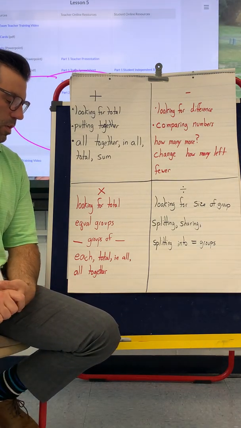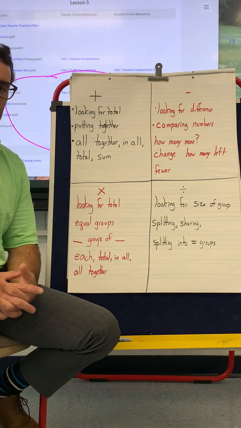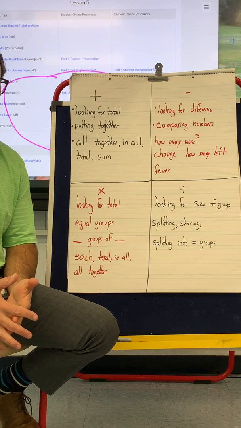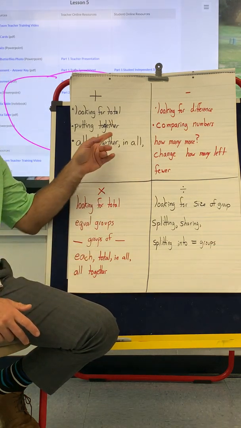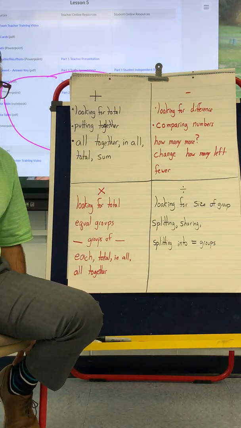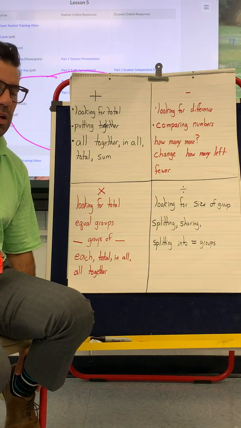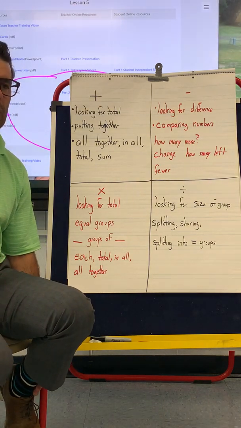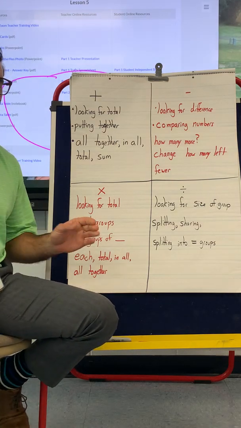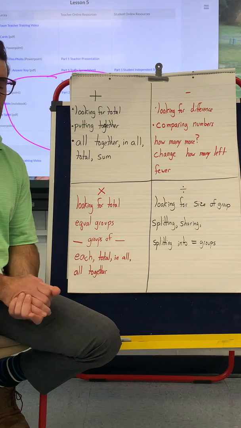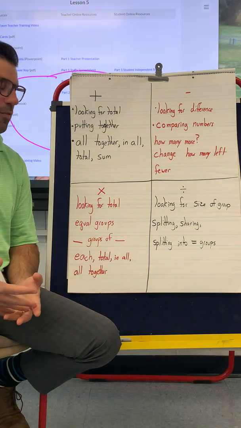So a really important thing for you to do is understand what each one of these math powers does, okay? There are four: plus, minus, times, and divide, and we use them for different things. You don't want to just be guessing, like, plus, maybe it's minus. If you understand what the purpose of plus or the purpose of minus is, it will become a lot easier for you to understand.